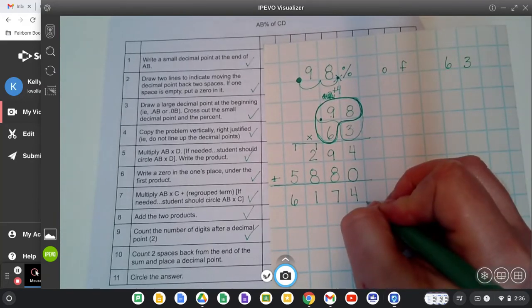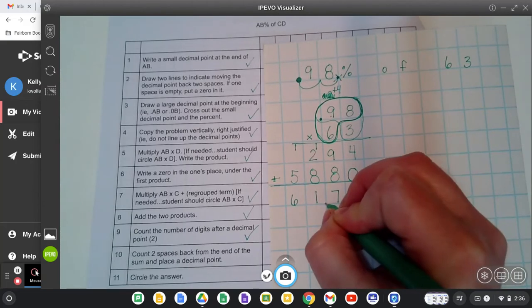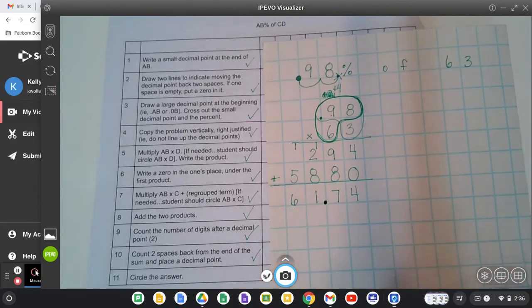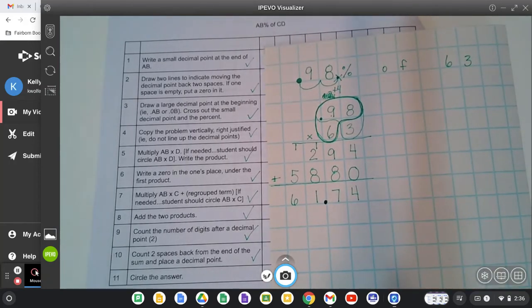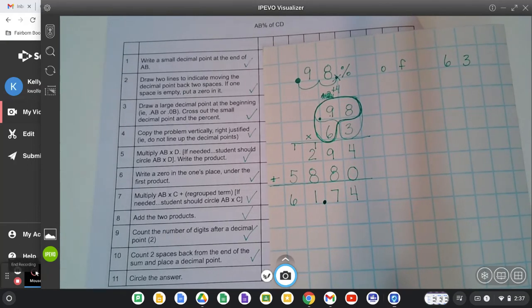I'm going to start at the end, and I'm going to count back 1, 2, and put my decimal point. This is the answer. You know what to do. And that is where my students would circle the answer.